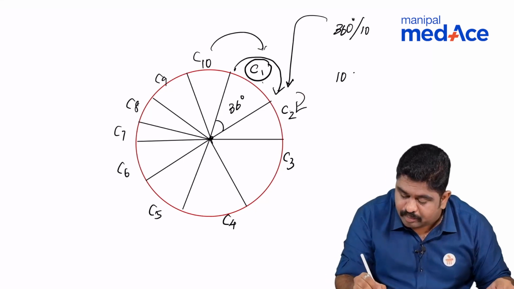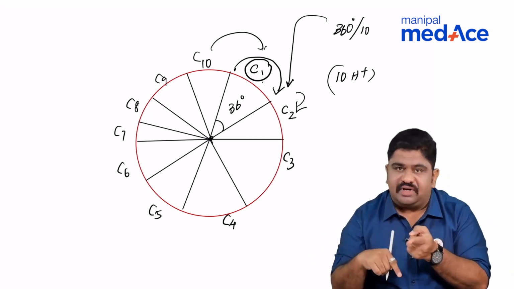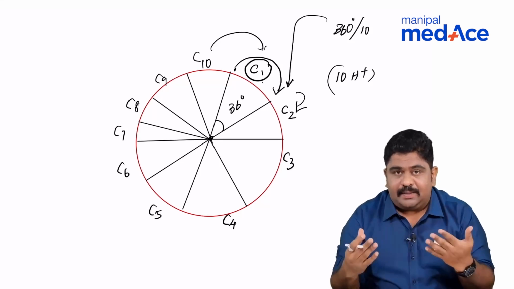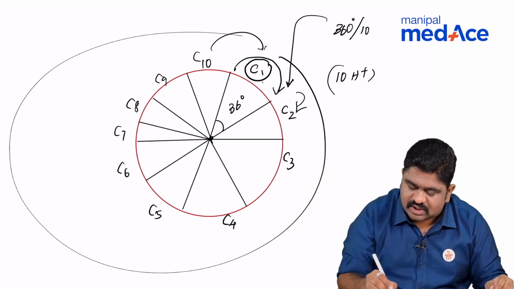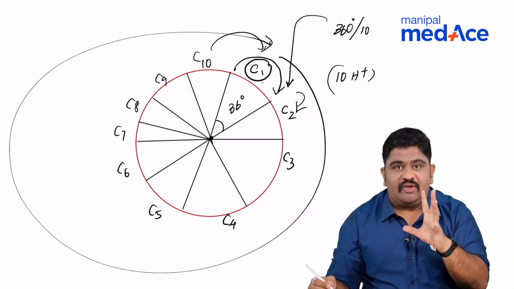Each proton will move the ring by 36 degrees. If you have 10 protons hitting, a 360-degree rotation happens. So C1 will come full distance and come back to the same site. That is actually one rotation of the FO portion.